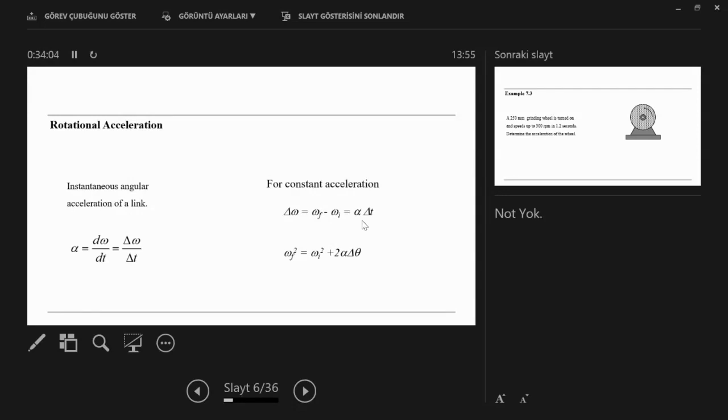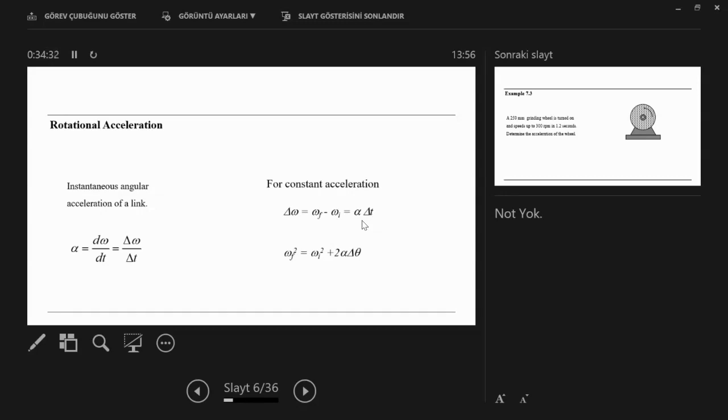Like this one, we said V final square is equal to V initial square plus 2 A delta S or delta R. The same. This is linear displacement. This is angular displacement.